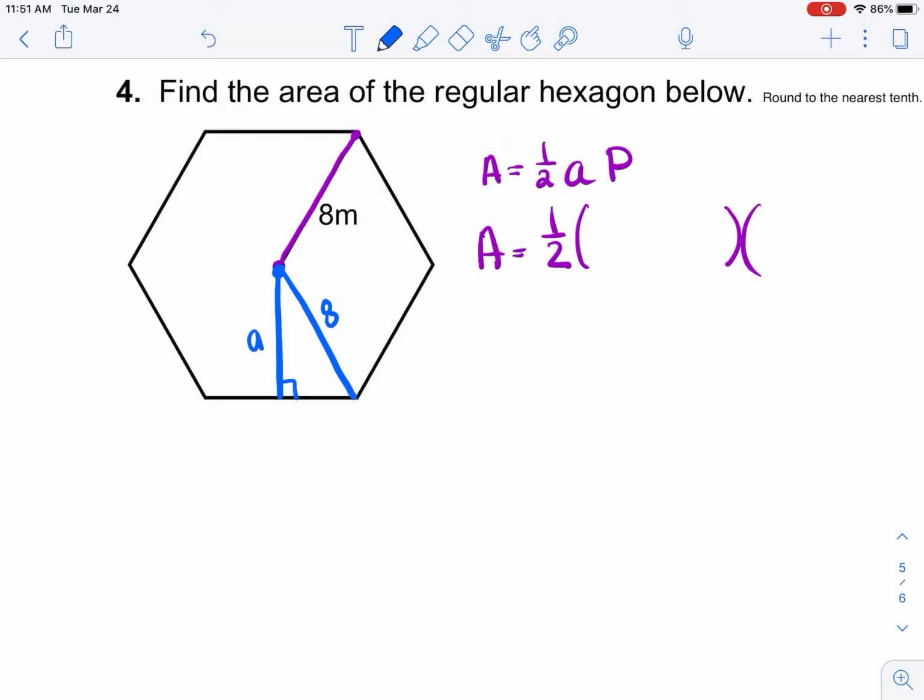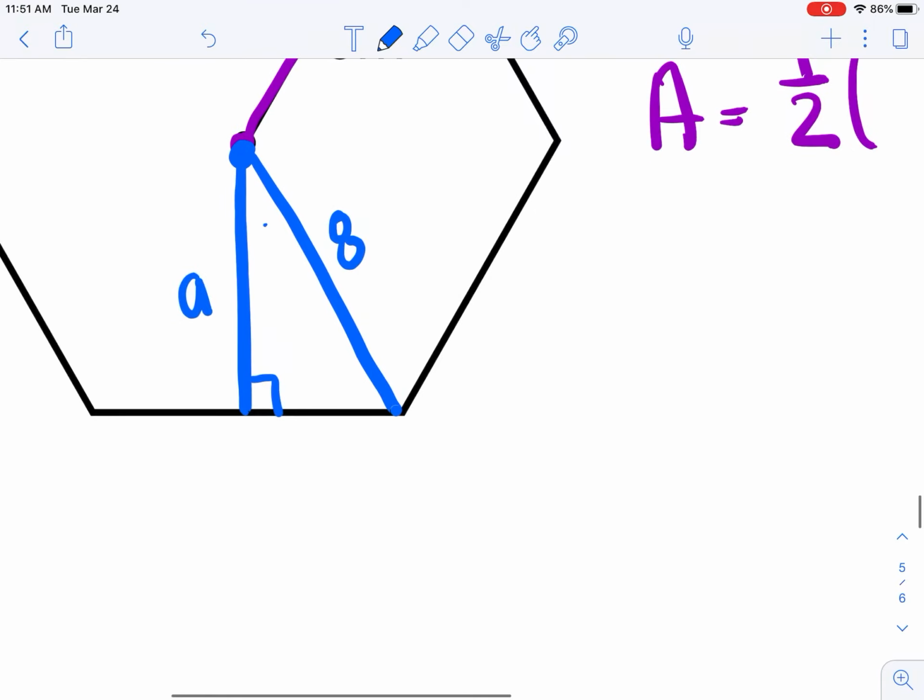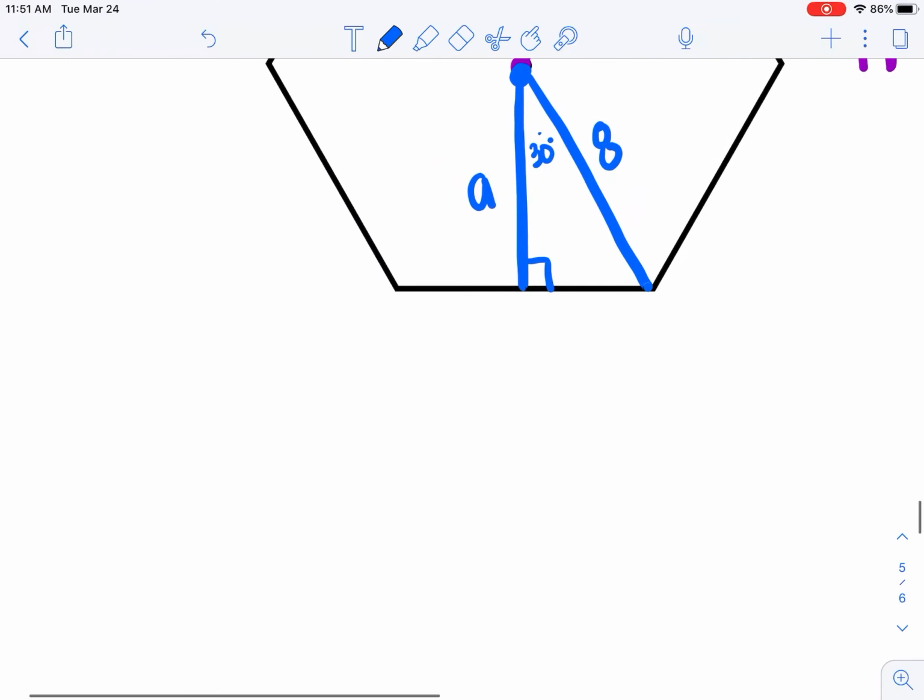The radius, which is right here, I know is 8. And then I can find this angle right here. So 360 divided by 6 divided by 2. We already said we know what that is. That's 30 degrees. All right, so I'm going to find A, the apothem first. So here's my angle. This is adjacent, and this is hypotenuse.